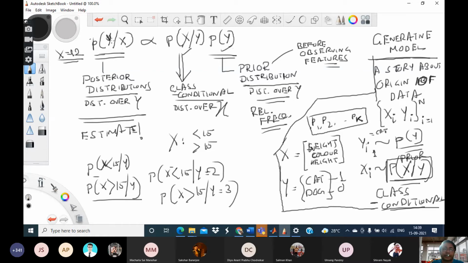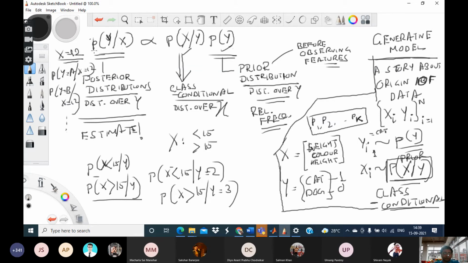Basically I have to calculate the probabilities of the different possible values of y. That is, what is the probability of y equal to a given x equal to 12? What is the probability that y equal to b given x equal to 12, etc.